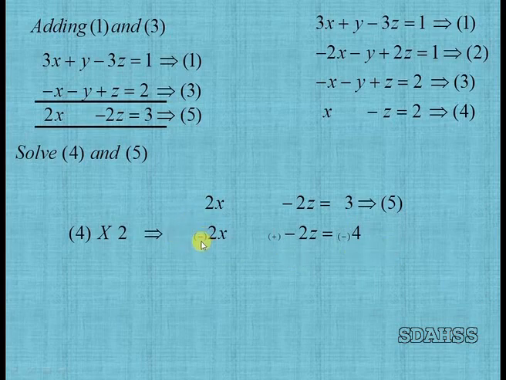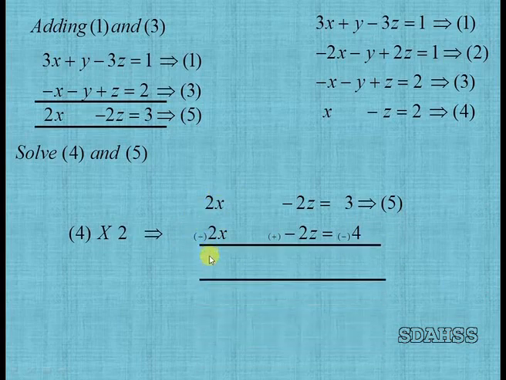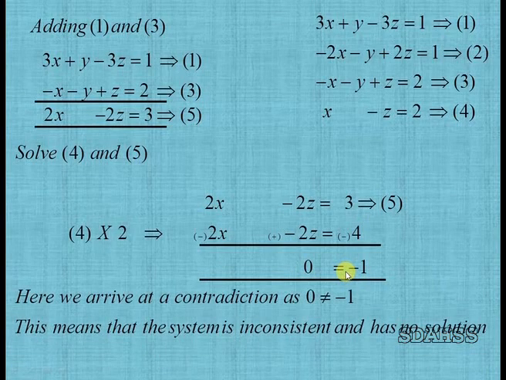Then 2x minus 2x cancel, and minus 2z plus 2z cancel. So 0 equals 3 minus 4, which is minus 1. So we arrive at a contradiction: 0 is not equal to minus 1. This means that the system is inconsistent and has no solution.